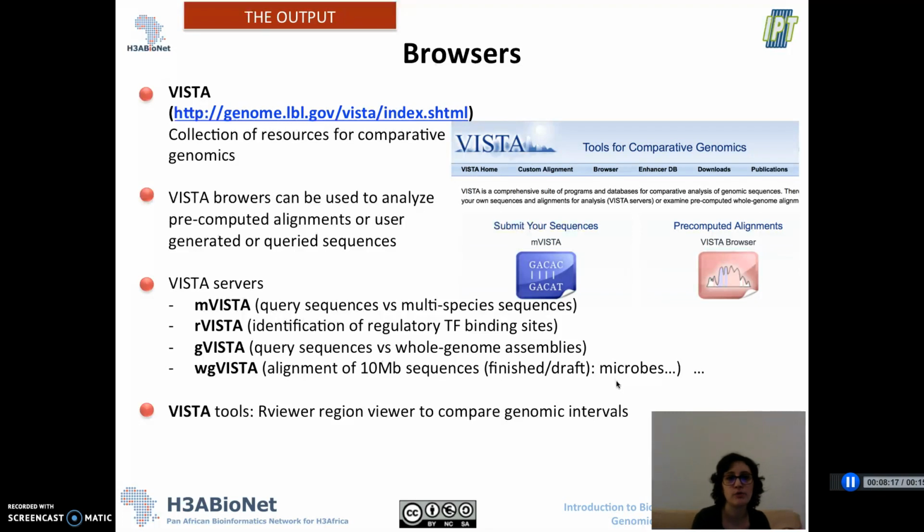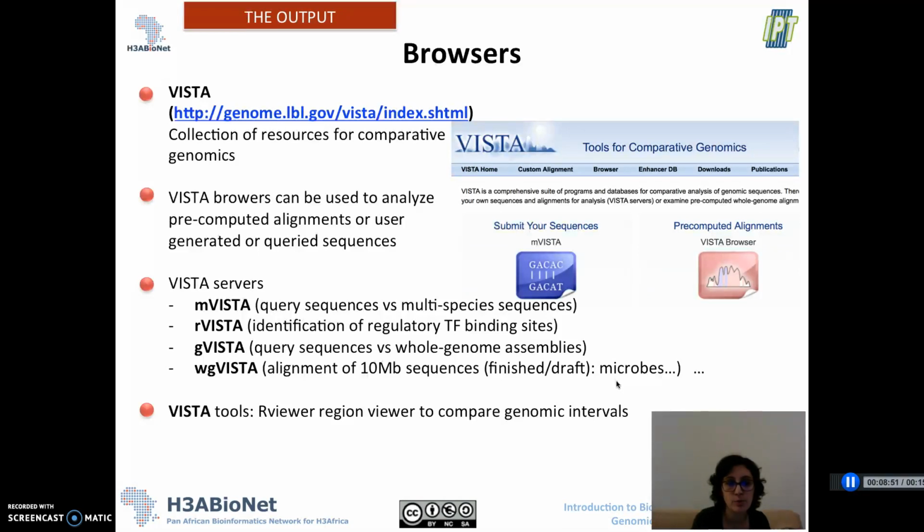So examples of browsers through which you could submit your sequences or browse through pre-computed alignments are the VISTA browser, which allows you to have a collection of resources for comparative genomics. And these can be used to analyze pre-computed alignments, which is really useful because it allows you to browse the information available through these different databases very easily.